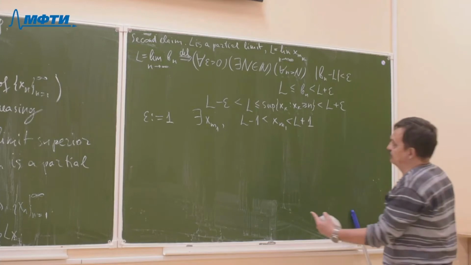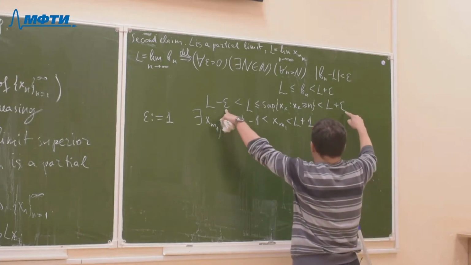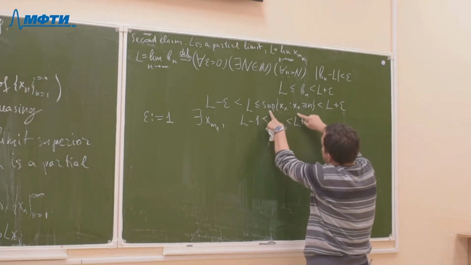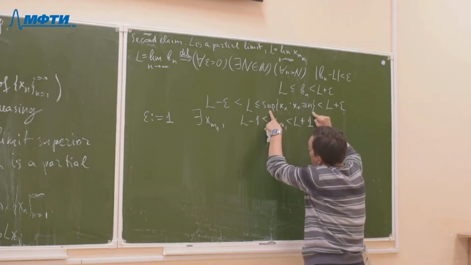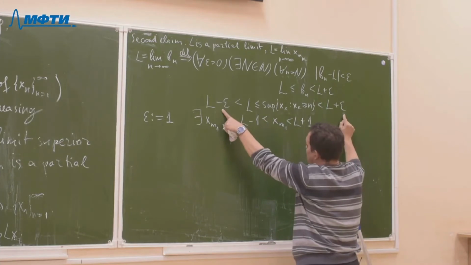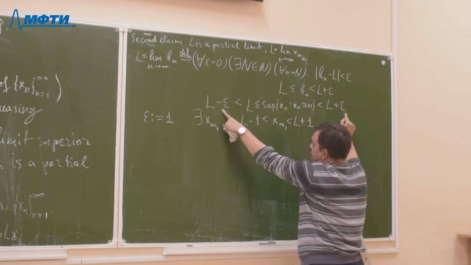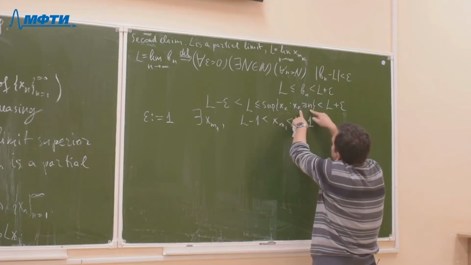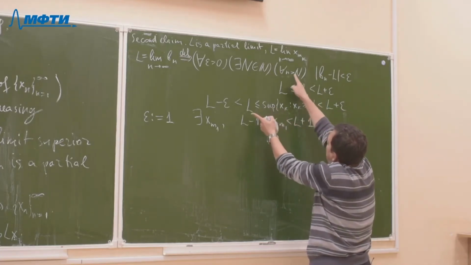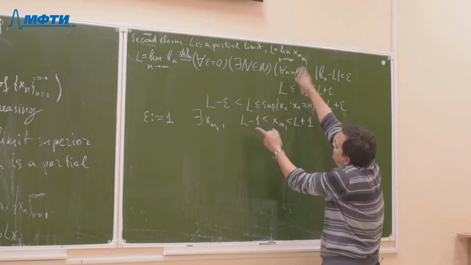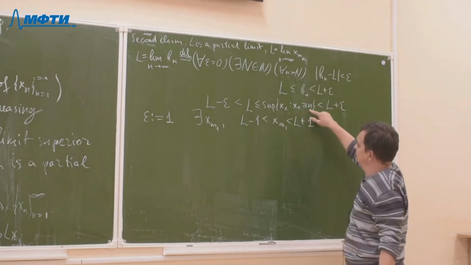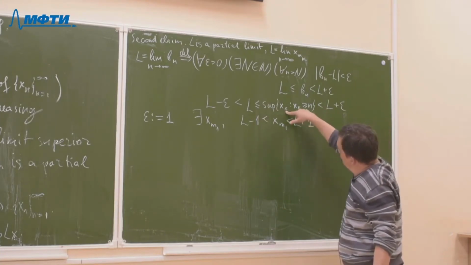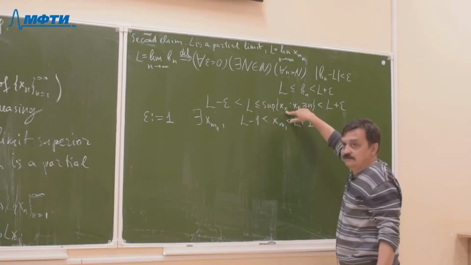Once again, we take epsilon equals 1. We know that the least upper bound is between L minus epsilon and L plus epsilon. The set here is k greater or equal than n, with n arbitrarily greater than capital N, or we may fix some number, it doesn't matter which number now. And we can choose one index.